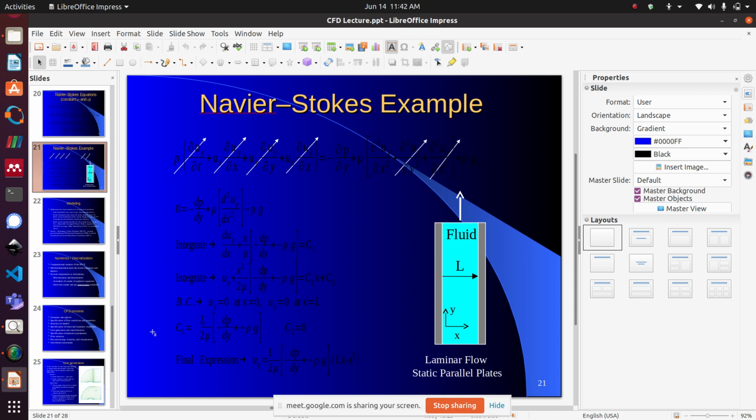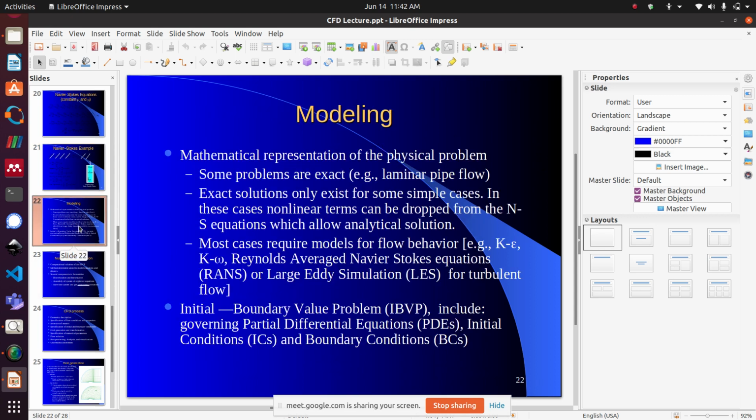But this is not the case most of the time, and there is no analytical solution to the Navier-Stokes equation with boundary conditions. So we need some sort of modeling.